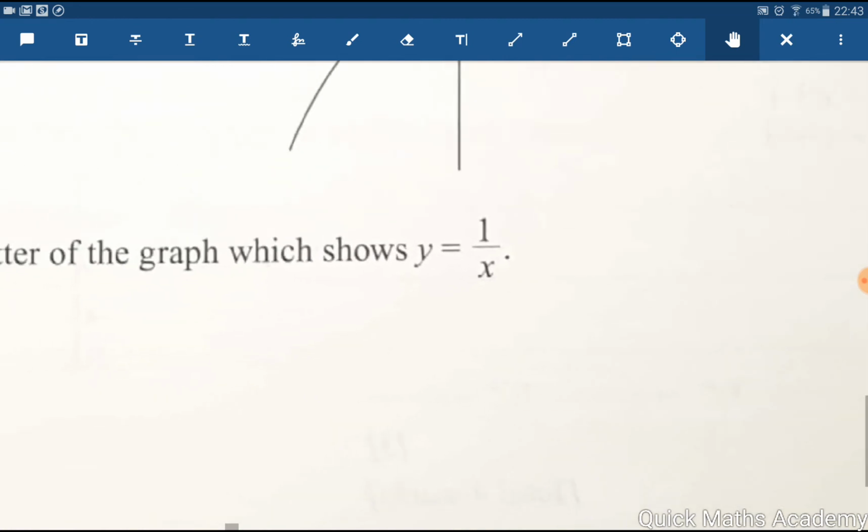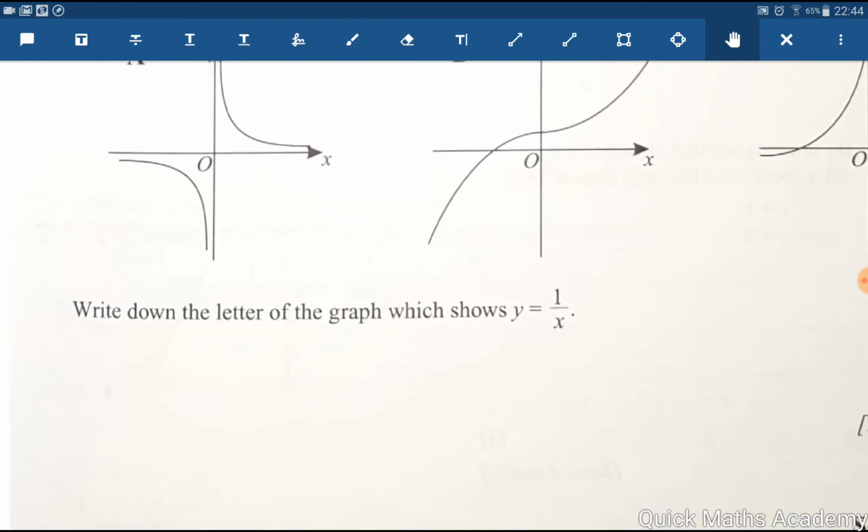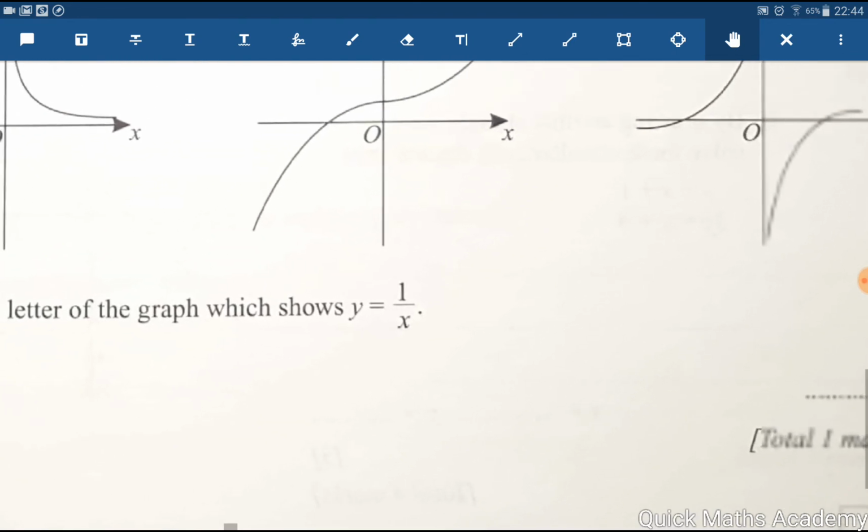Okay, if I replace my x by, let's say, 1, for example, if I do my x equals 1, I will have my y. I will draw a table.